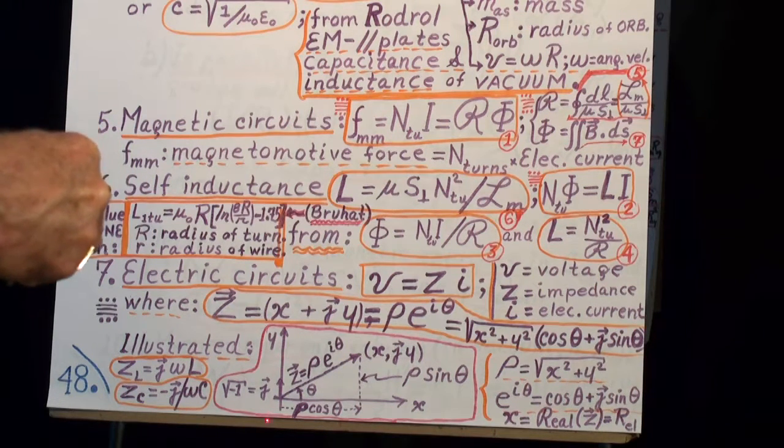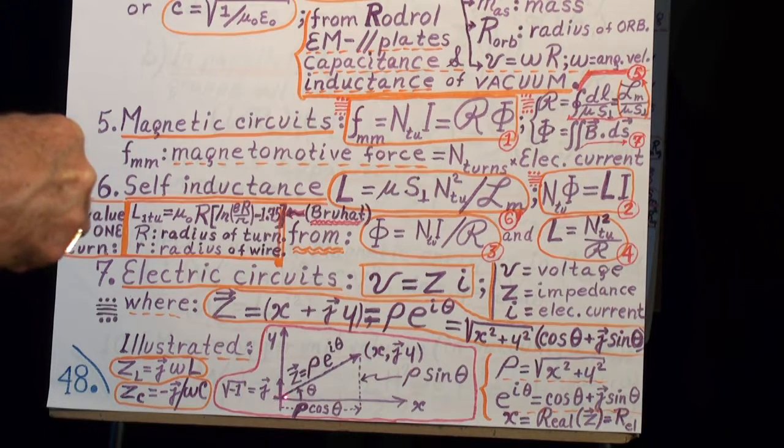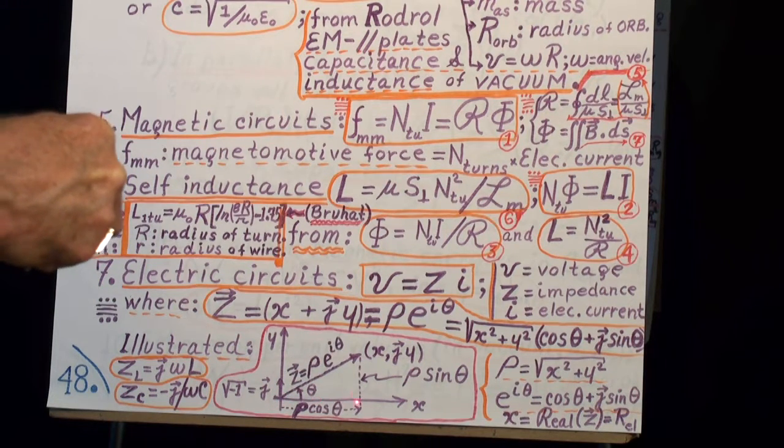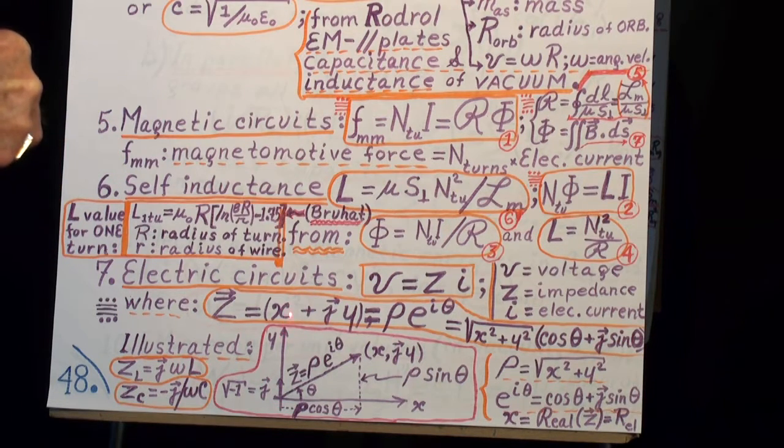So here the x-axis would be the resistance axis, okay? And the y-axis would be the impedance.